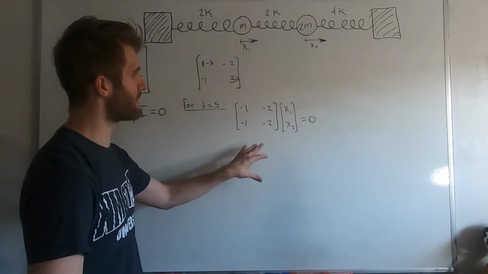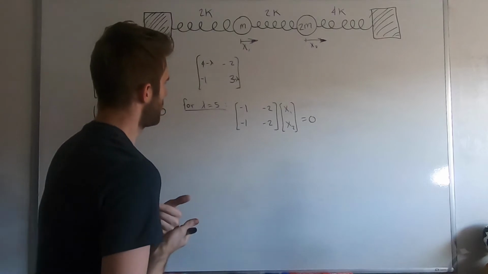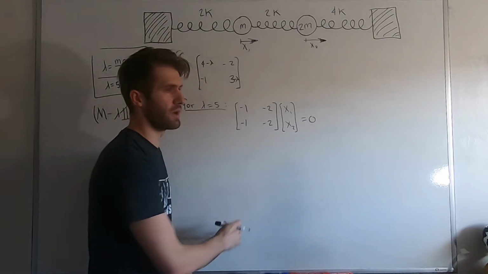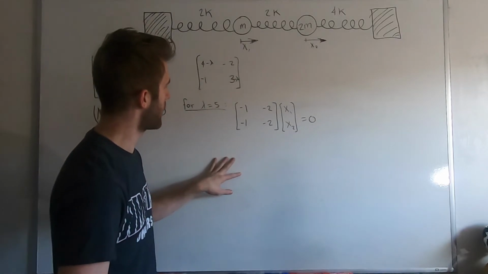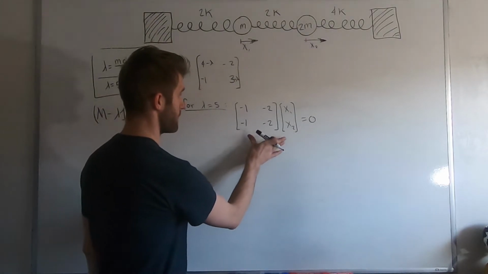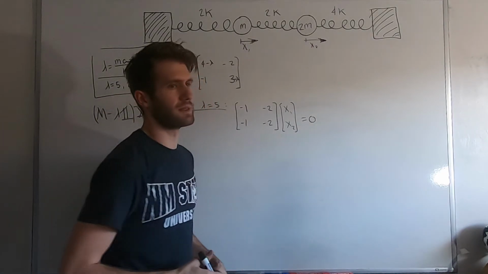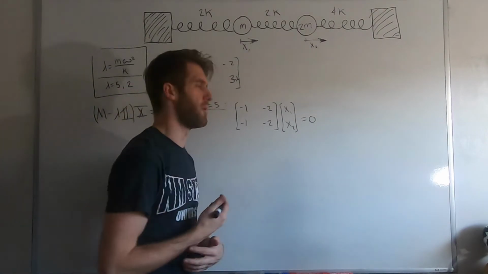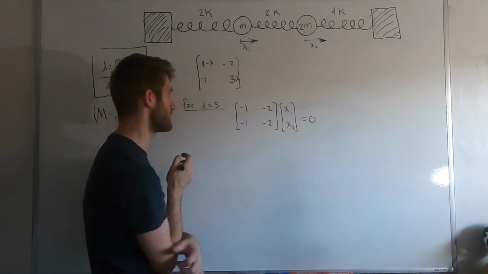Before we do anything here, it's good to have an internal consistency check. To ensure that you have set this up right, it's best to row reduce these. What you should end up with is a row of all zeros, a row that is linearly dependent upon the other components. And that's exactly what you want to see.